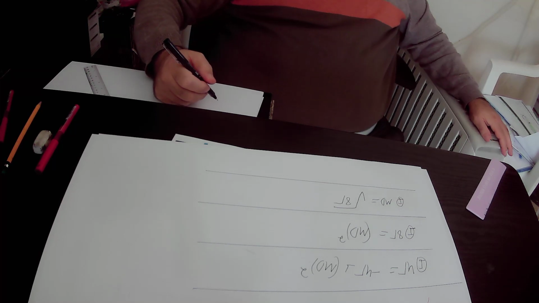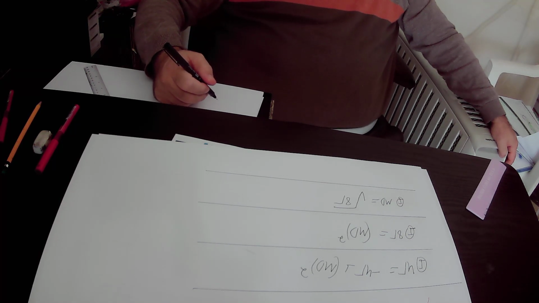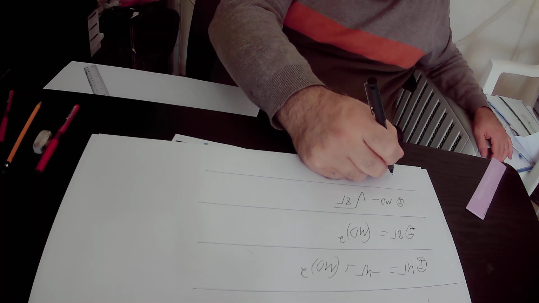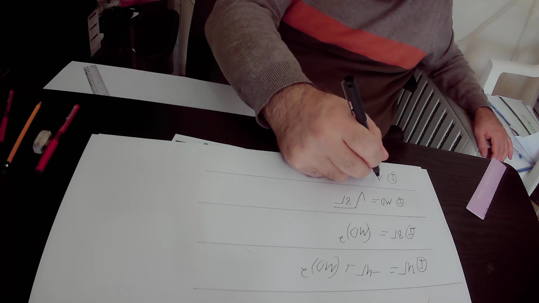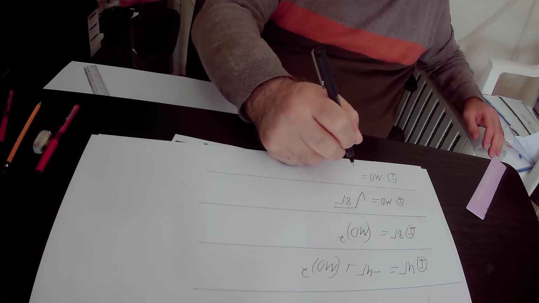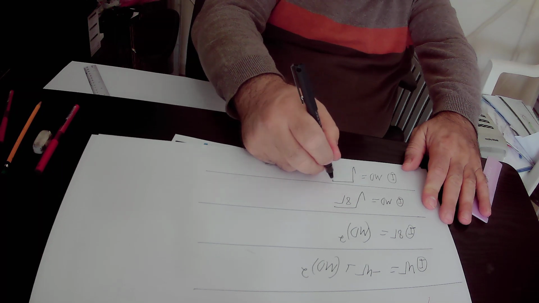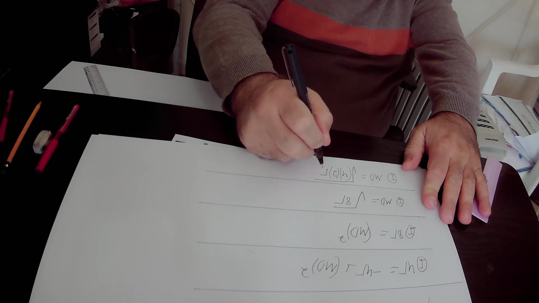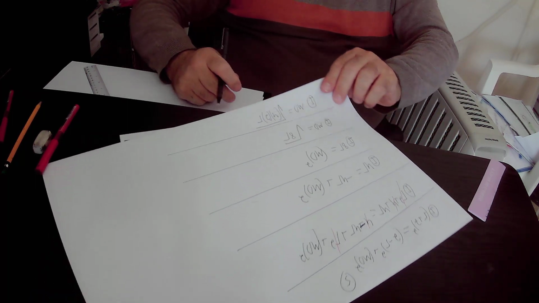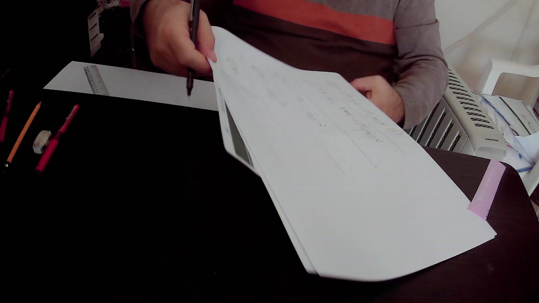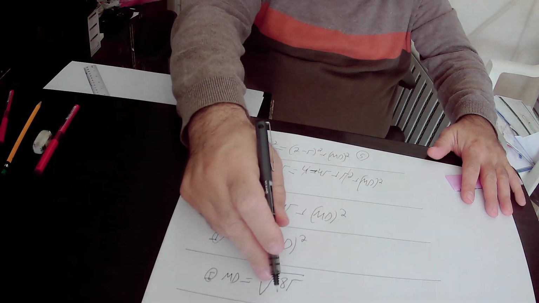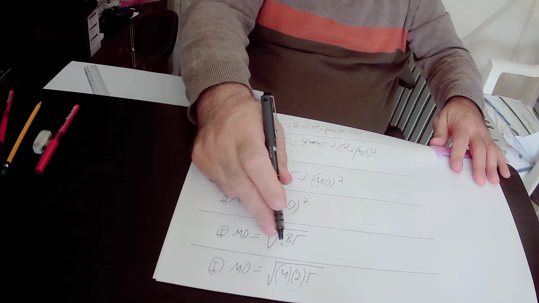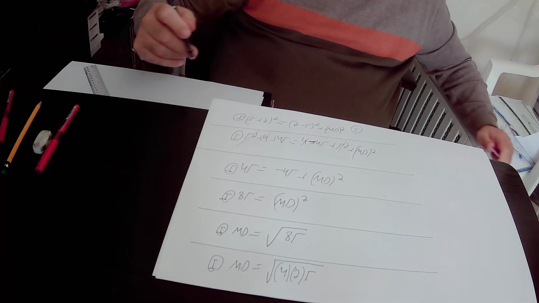But we know that 8 equals to 4 times 2, so we'll substitute 8 by 4 times 2. And we will get that md equals to the square root of 4 times 2 times r. Here the square root of 4 is 2, so I'll write it down.